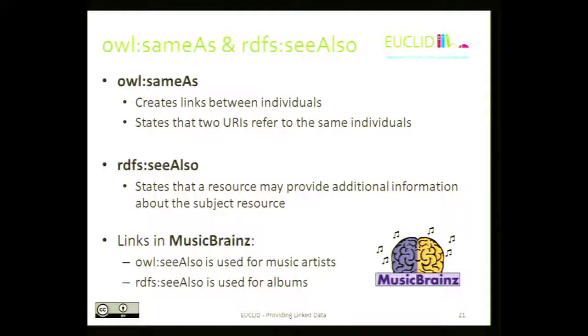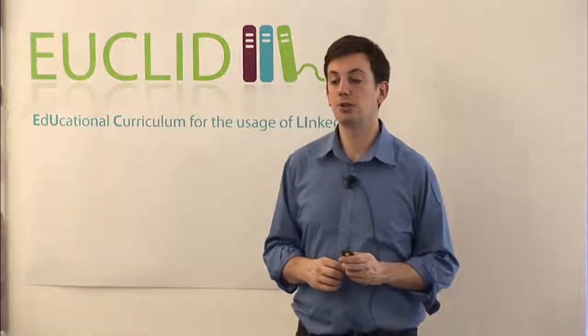Okay? Other predicates like see also don't do that at all. They just say there's some link between these two things that might be worth exploring, but there's no inference, there's no merge of information. With regard to our motivating scenario, both of these things are used. Okay?